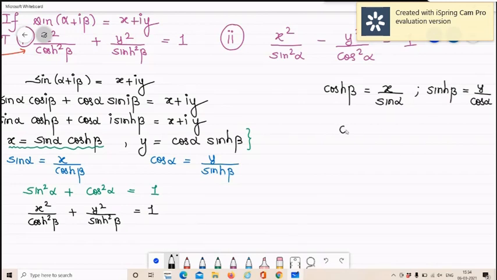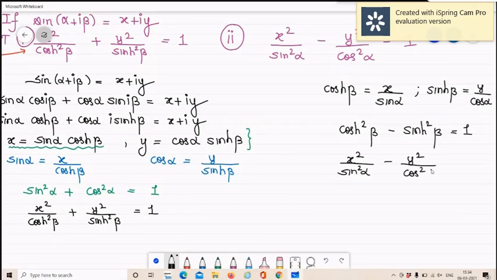So what do we know? In hyperbolic we have to square and subtract. We have to square and subtract. So it is x square upon sin square alpha minus y square upon cos square alpha is equal to 1. Is it understood by everyone? So again, in hyperbolic, we are going to use the same concepts.